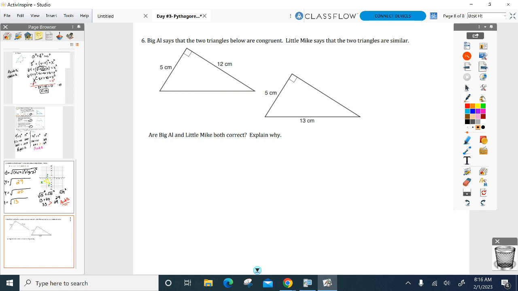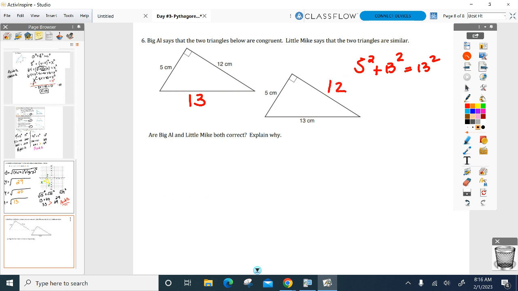Missing side here when you did Pythag? C squared. Yep, which was what? I'm just looking for how long it was. 13. Anybody find the missing side in the second one? Now here, we would have done 5 squared plus b squared equals 13 squared, right? Because 13 was the hypotenuse. Anybody find the missing side here? This would have been 12.